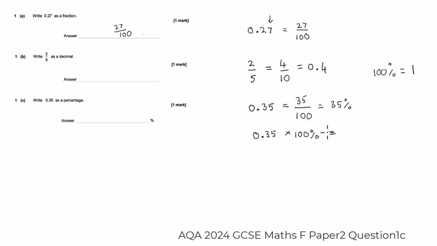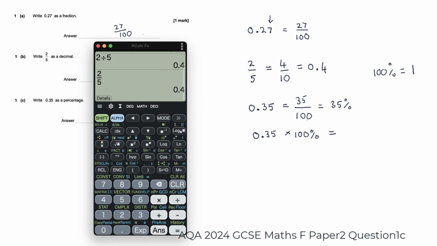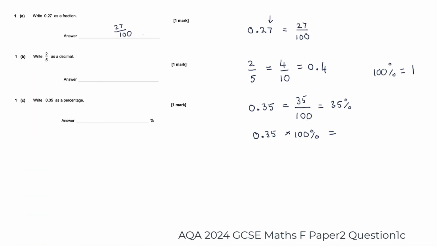And what is 0.35 times 100? It gives us 35, with a percentage sign. So the answer is 35 with that percentage sign.